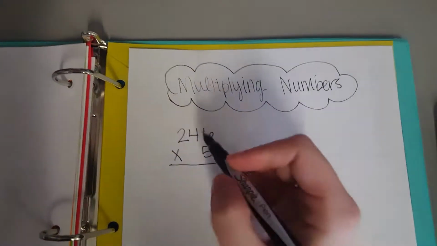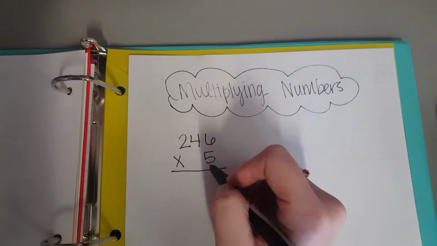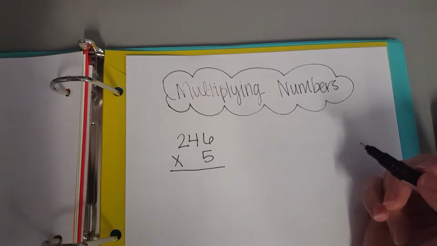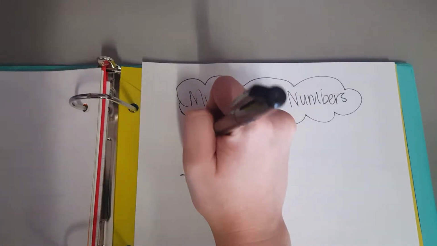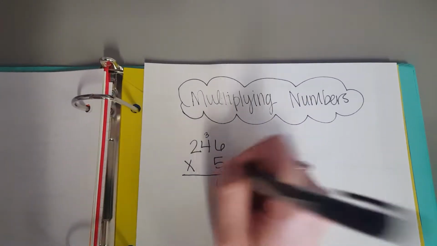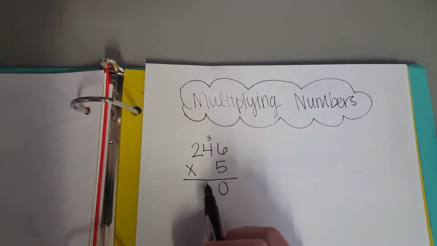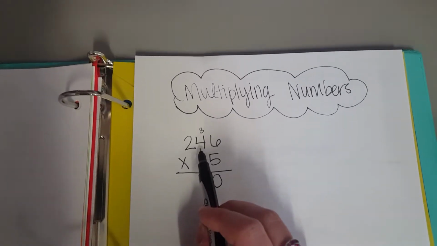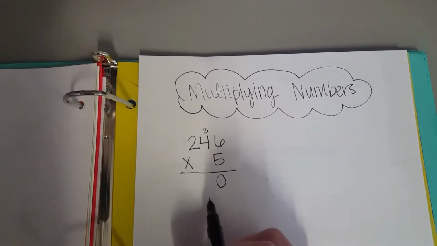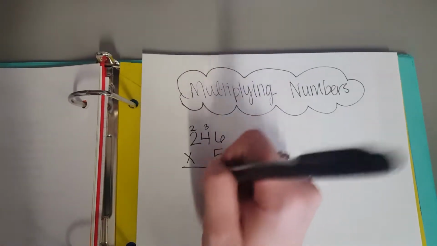Alright, so for our traditional algorithm, we're going to take this bottom number and multiply it times the top. So 5 times 6 we know is 30. We want to make sure to carry the 3 over to the tens place. And then 5 times 4 is 20, plus 3 is 23.